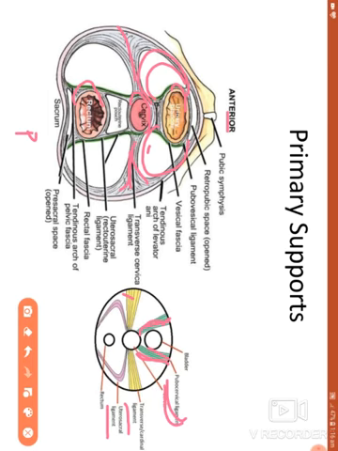Then from the cervix posteriorly towards the sacrum, that is called the uterosacral ligament. This also comes under the primary supports. That is the pubocervical ligament, transcervical, uterosacral. Transcervical is also called the cardinal ligament.